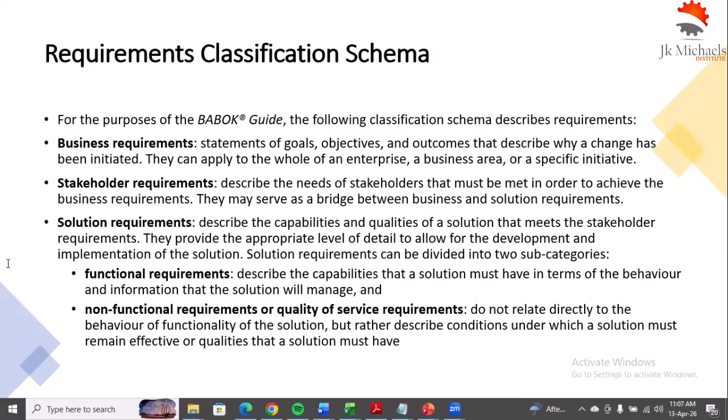Changes get initiated for a lot of reasons: to improve business performance outcomes, to streamline processes, to improve the service delivery for the customers, to increase financial outcomes. So businesses do not start up projects or initiatives or change just for the purpose of doing it, right?